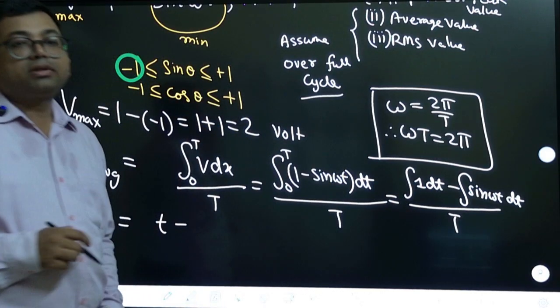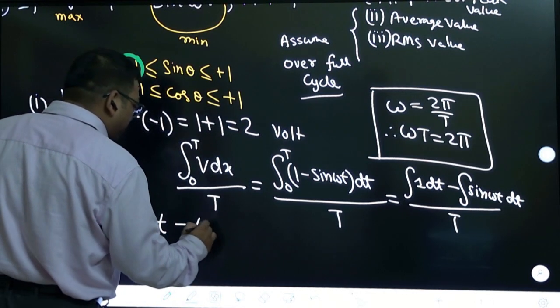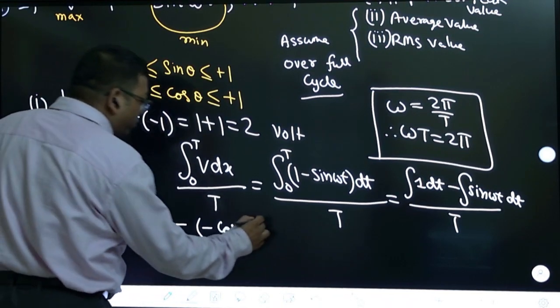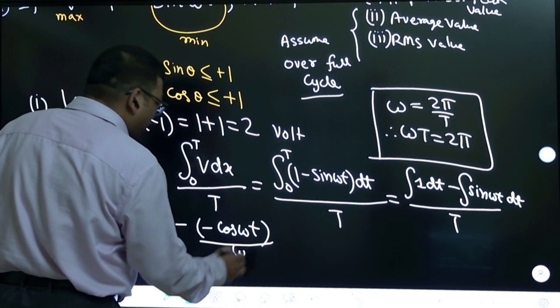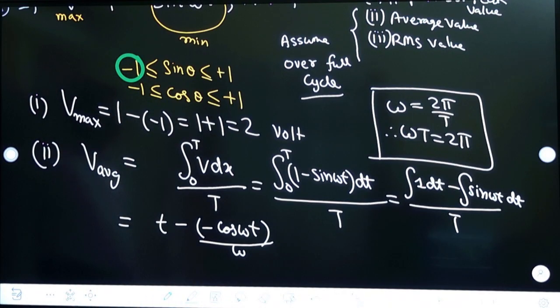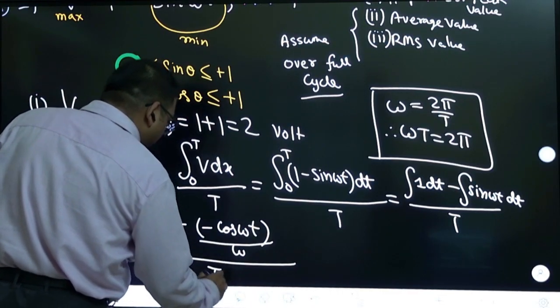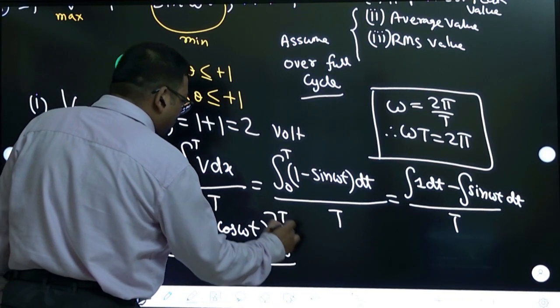What is the integration of sine? Tell me. Minus cos, correct. So sine integration gives minus cos omega t. Also note that the coefficient of omega gets divided here, right? Then divided by this capital T, which is anyway there. And then we have to take the limits also, 0 to T.